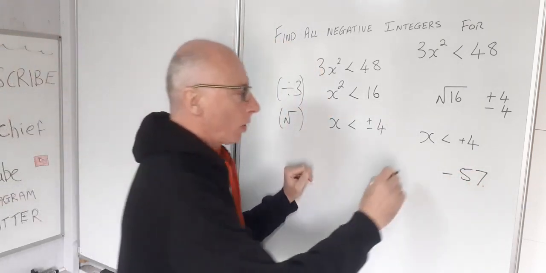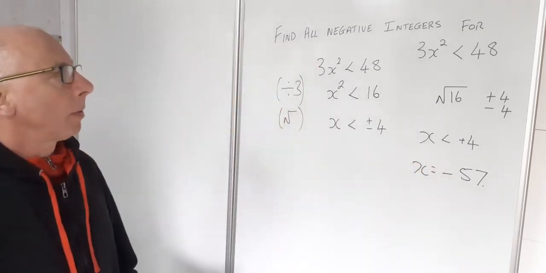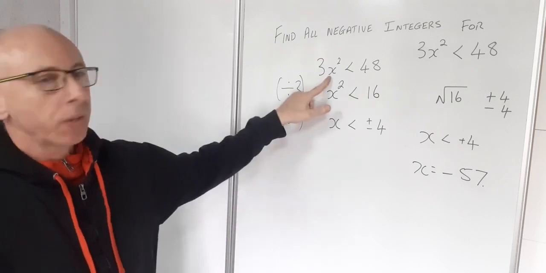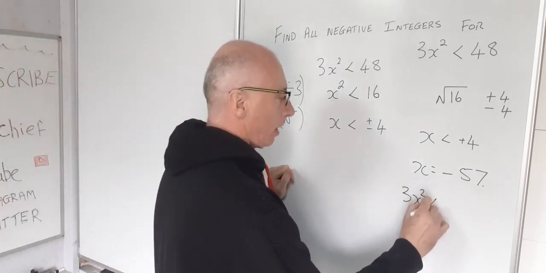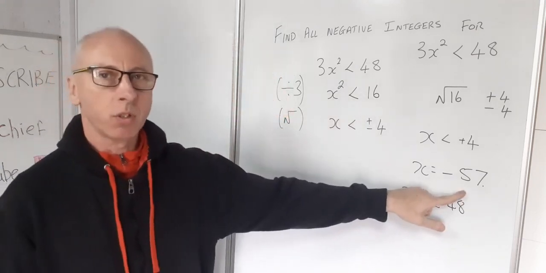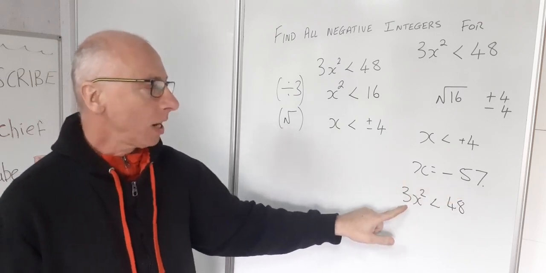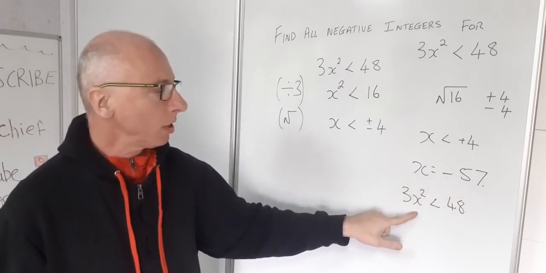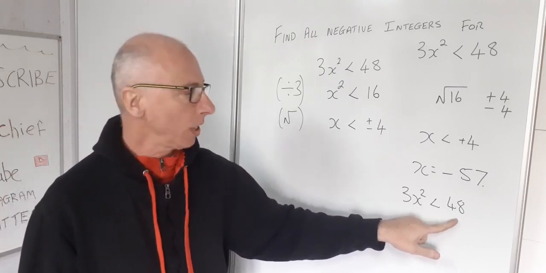Let's call that x equals minus 57. Now, if I plug that into this first original question, 3x squared is less than 48, well, minus 57 squared, that's going to be 3,000 and something, isn't it? So 3 times 3,000 or something, I'm going to be approaching 10,000 here. Well, 10,000 is definitely not less than 48.